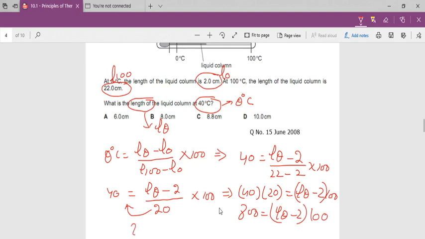So 800 divided by 100 is equal to L theta minus 2. So 8 is equal to L theta minus 2, and finally L theta is equal to 8 plus 2, which is equal to 10. So for this question, the correct answer is option D.